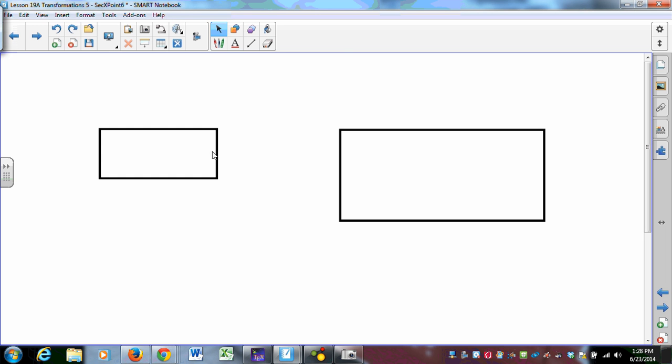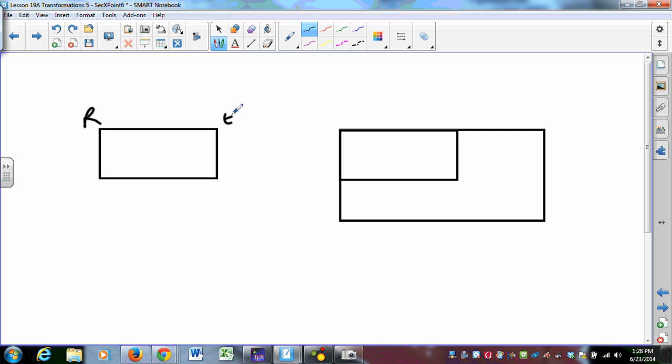So, let's clone it. I bring this figure over here so that this vertex maps to that vertex, and then I dilate. I can dilate if, let's see, this is RECT, and this is the image.